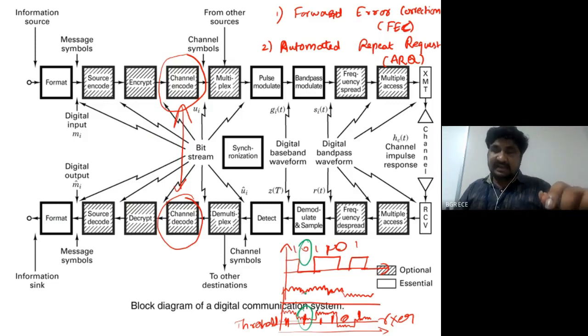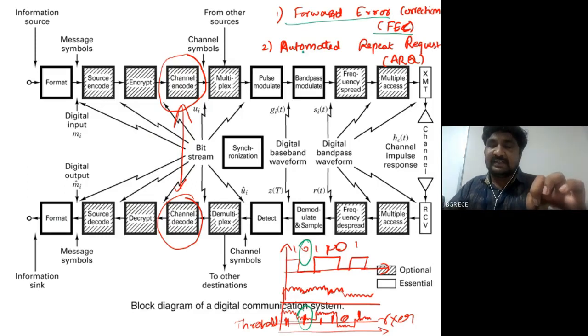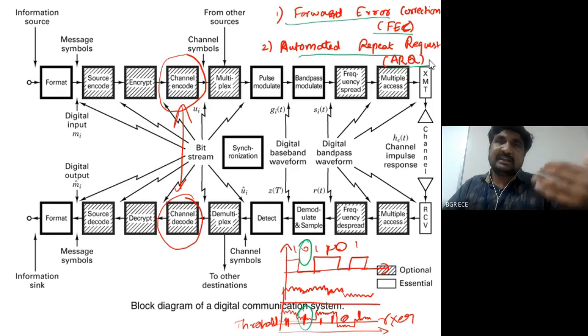If this error is identified by the receiver, then the receiver can use either of these two techniques. If the receiver has a channel decoder with error correcting capability, then it will correct the error and send the data without any error to the next signal processing block.